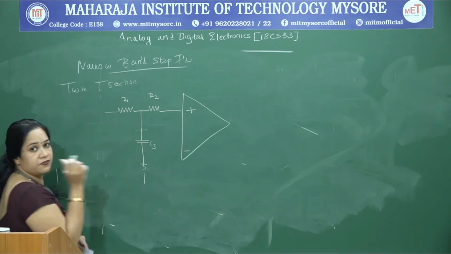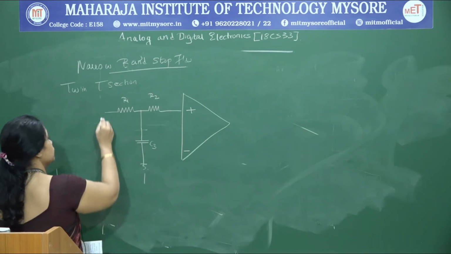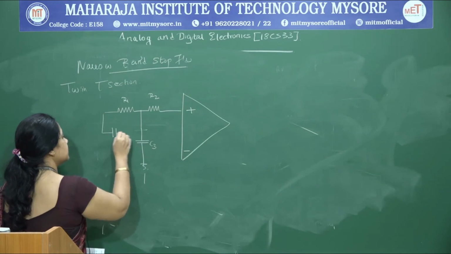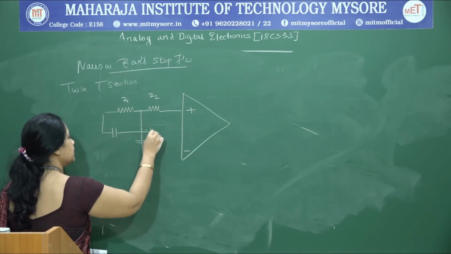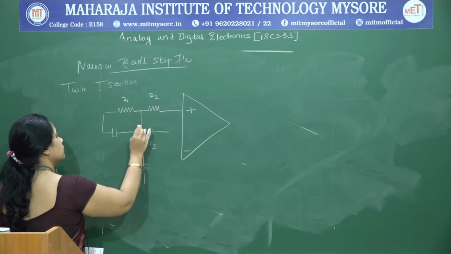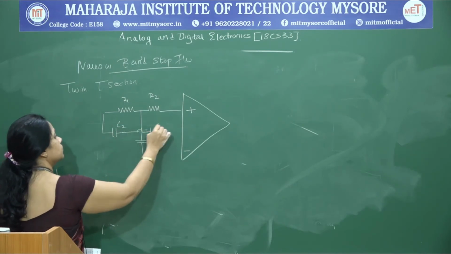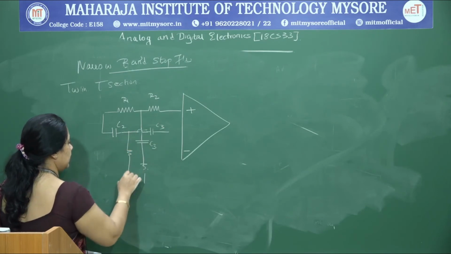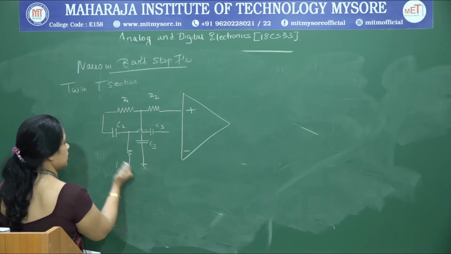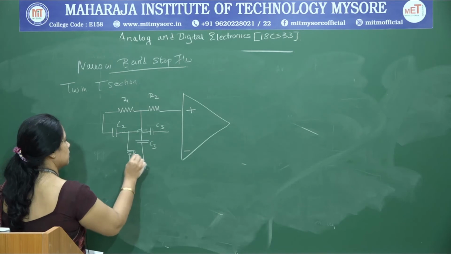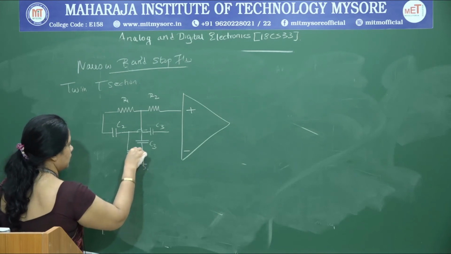This is your low pass filter section, and the second T section comprises capacitances C1, C2 and R3.